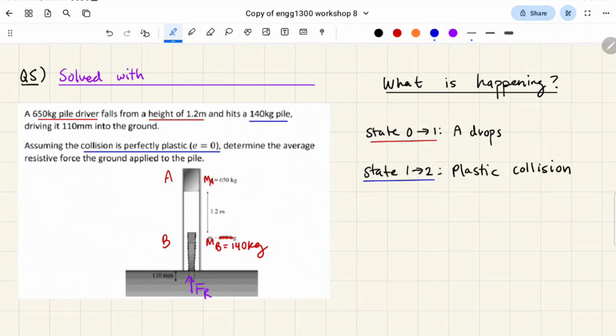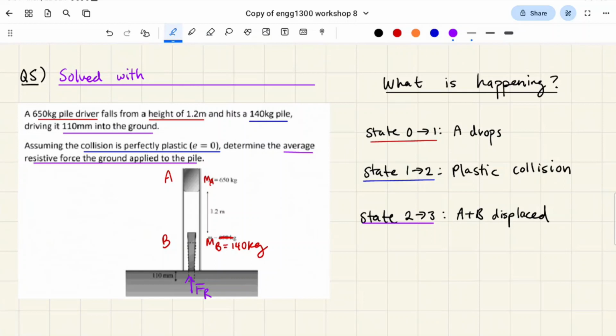And now there's actually another state to consider. And that's when the objects are merged together and then they displace into the ground. Okay, so I'll also note down that in purple is the information we're going to need. And the end goal is to determine the average resisting force the ground applies to the pile.